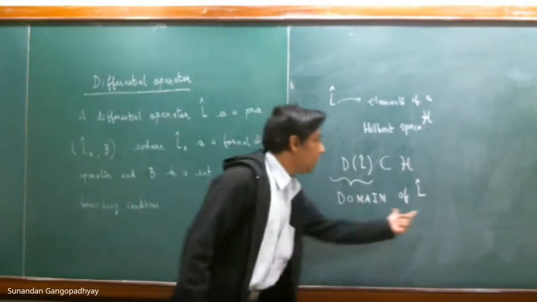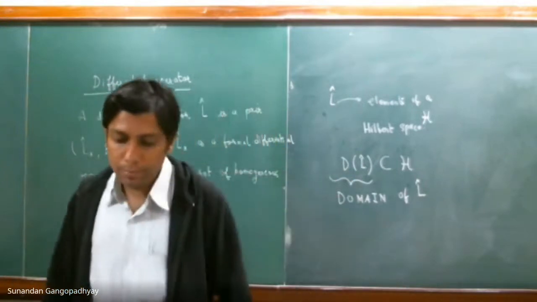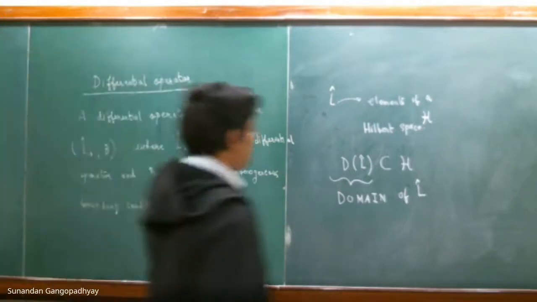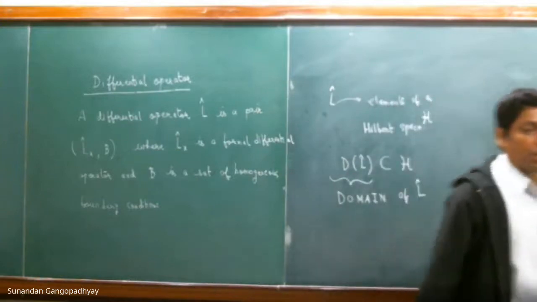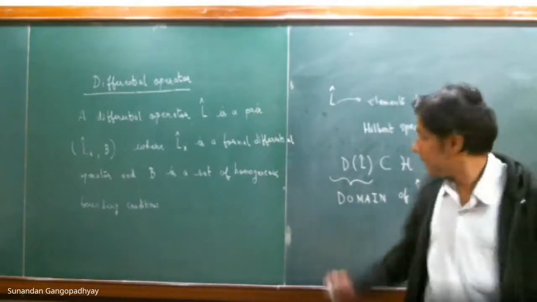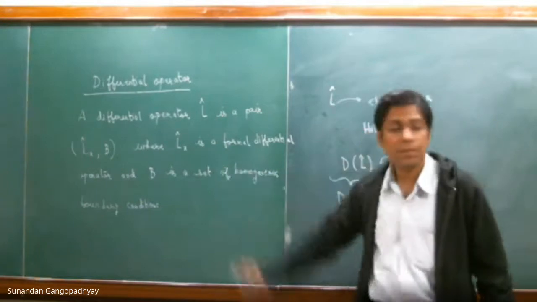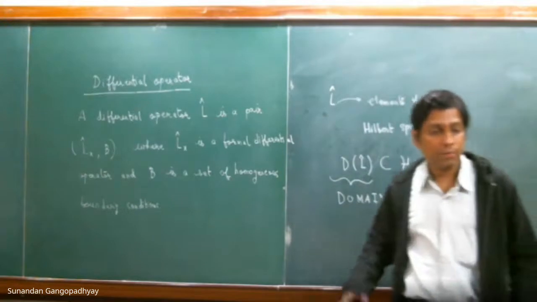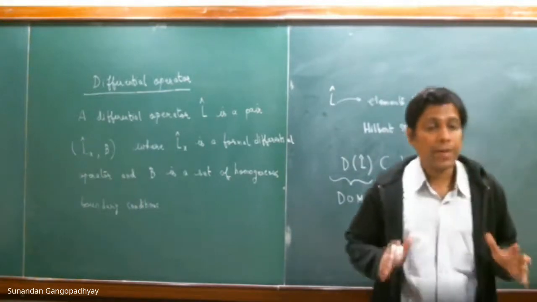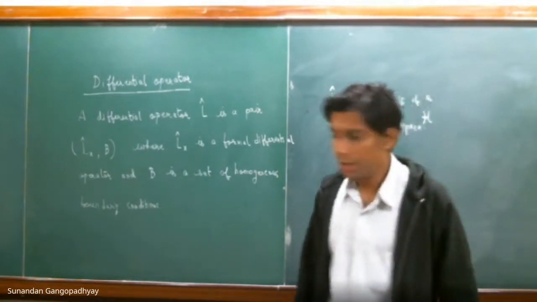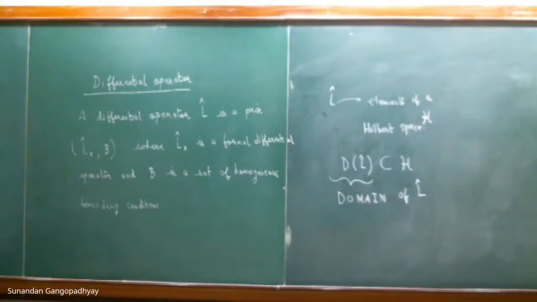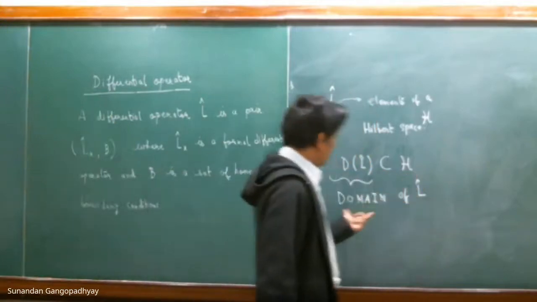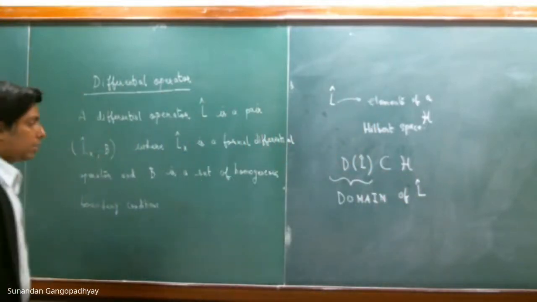This concept of the domain of a differential operator arises from the existence of the homogeneous boundary conditions, and therefore it is very, very important. Never forget this concept. So what is the domain of a differential operator? It is a subset of the Hilbert space which obeys the boundary conditions.